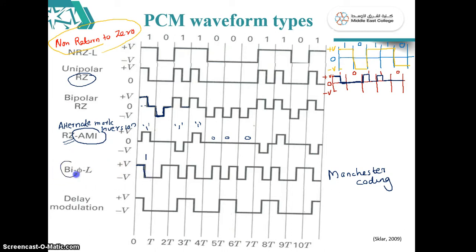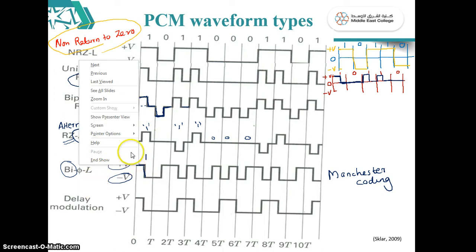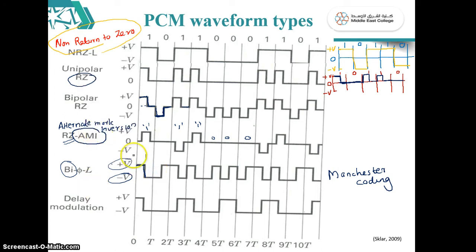Bi means biphase, that is, you have two levels, plus and minus. So a 1 is represented by a pulse in the first half interval, and a 0 is represented by a half bit pulse in the second half interval. A 1 will start from plus V and go to minus V in the first half.